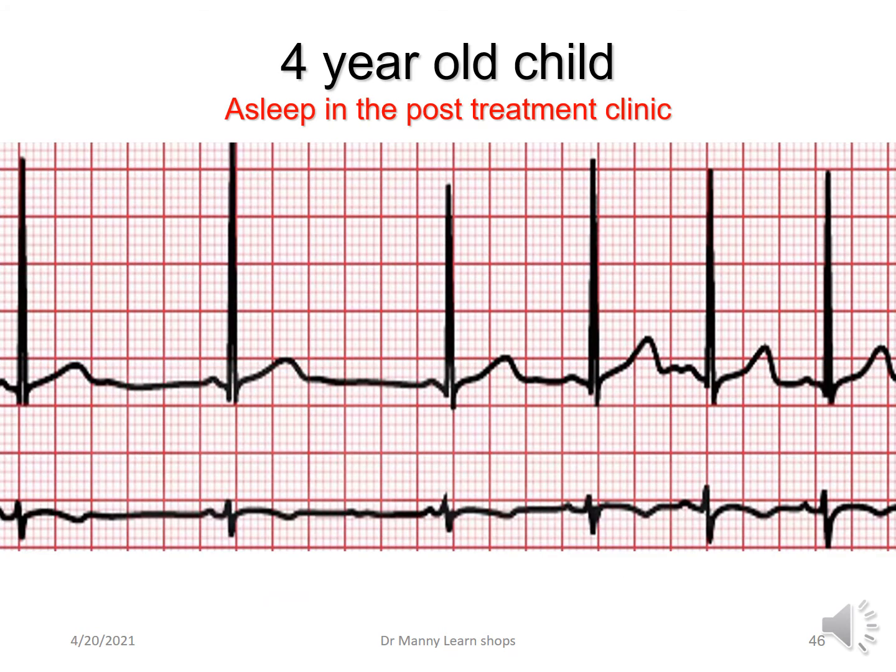What about a 4-year-old child asleep in a post-treatment clinic? The rhythm is irregular. Slows down, speeds up, possibly with breathing. This is sinus arrhythmia, which just means the sinus rhythm is irregular.